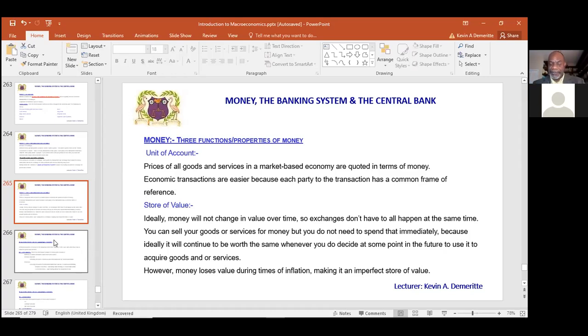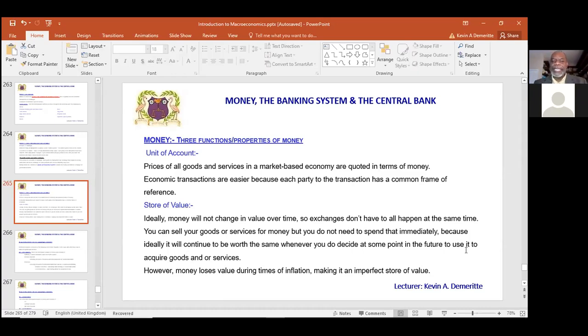However, we do know for a fact that money does lose value during times of inflation. As prices go up, we expect the amount of goods and services that money can purchase, the purchasing power of that money, to go down.